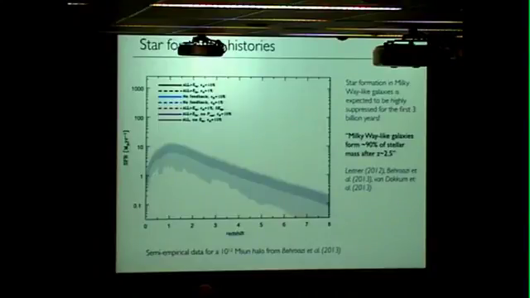So here's the inferred star formation history of a Milky Way-like galaxy, stolen actually from Peter Behroozi. What happens usually in models with efficient outflows is something like this.